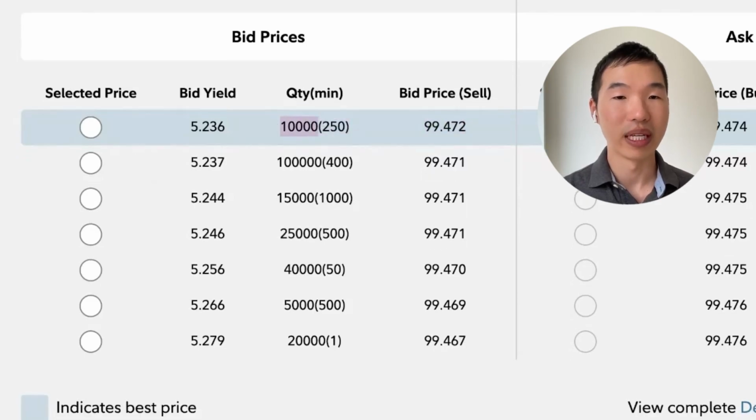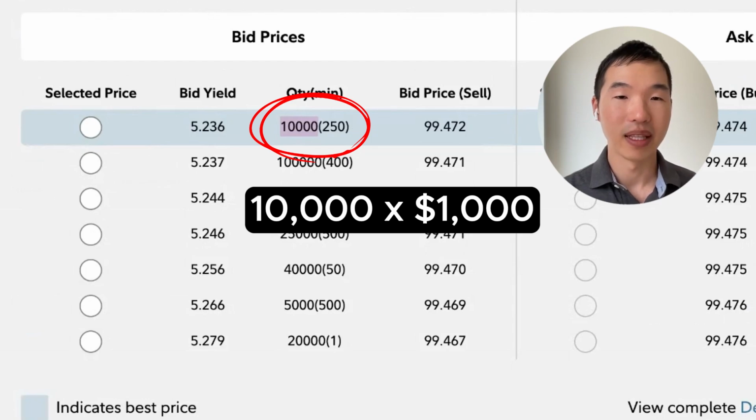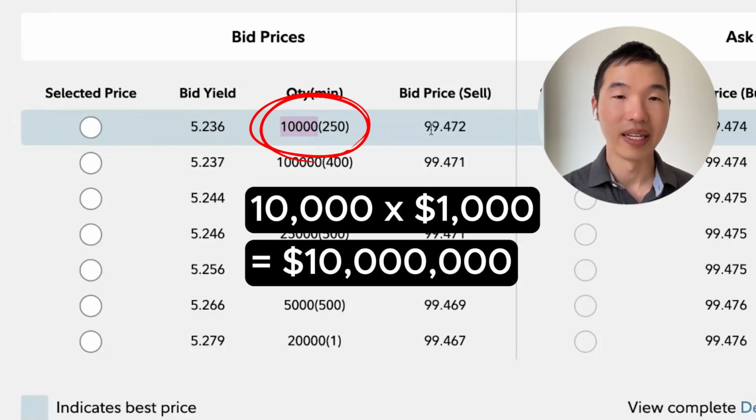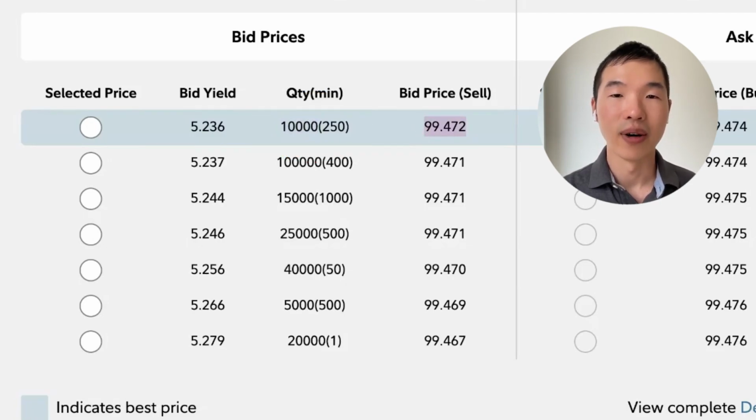The amount they're willing to buy is 10,000, and the face value of one bond in Fidelity is 1,000. So there's about $10 million in bid quantity at the price of 99.472.